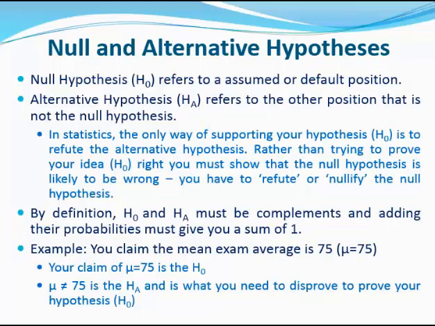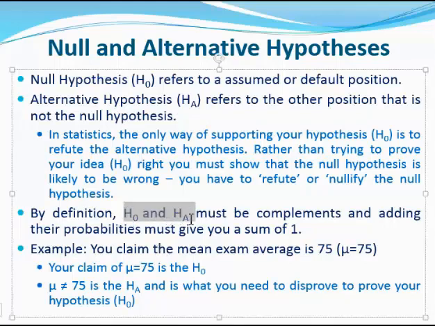You don't necessarily need to prove that your statement is correct, but you can prove that the other possibility is incorrect. So for example, if I say it's sunny outside, and the alternative hypothesis, of course, is that it's not sunny outside. If I can somehow prove to you, through a statistical analysis, that it is not sunny, that will essentially have the same impact of proving that it is sunny. So you can prove a null hypothesis by disproving the alternative hypothesis.